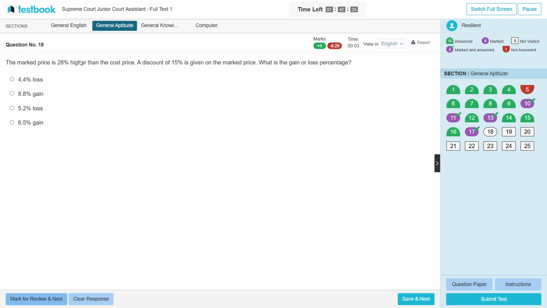The marked price is 28% higher than the cost price. A discount of 15% is given on the marked price. So cost price 25, then marked price 32.